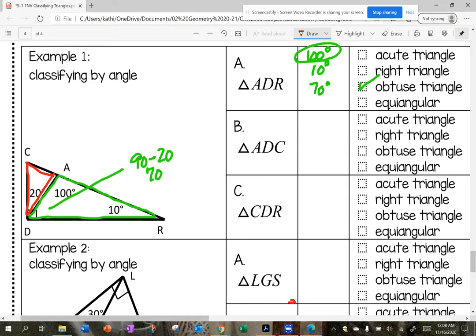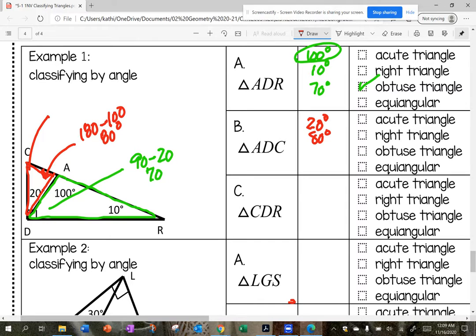So I know this angle is 20 degrees because that's given. And I know this angle here, I have a linear pair. So 180 minus 100 gives me 80 degrees. And I know that all three angles total 180 degrees.